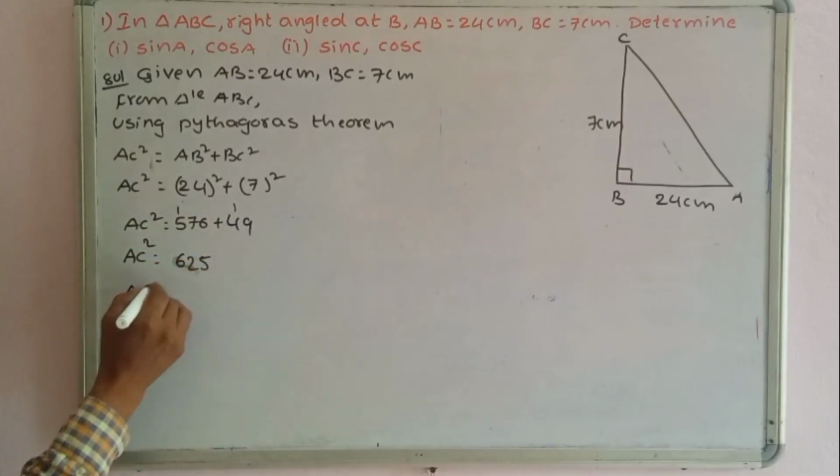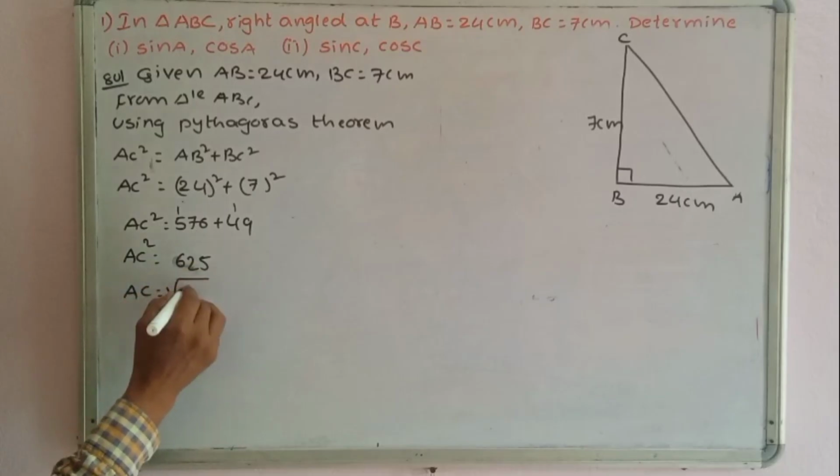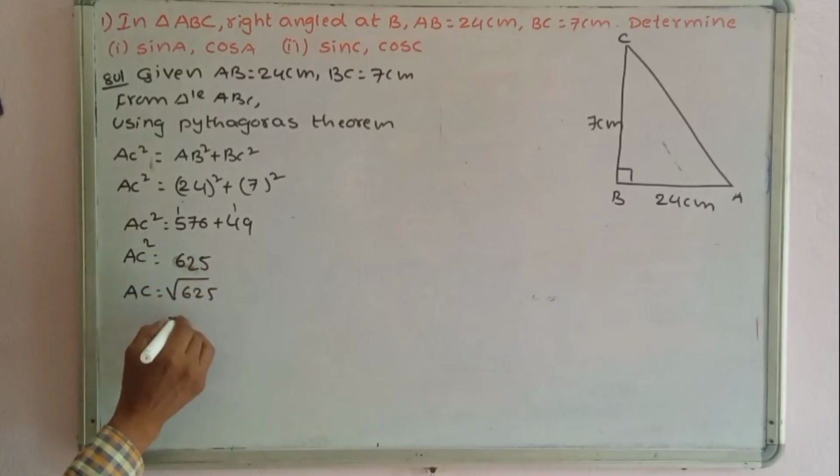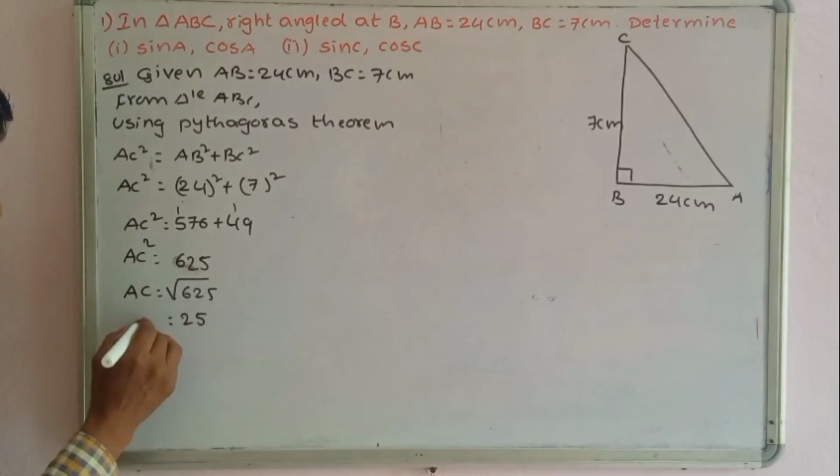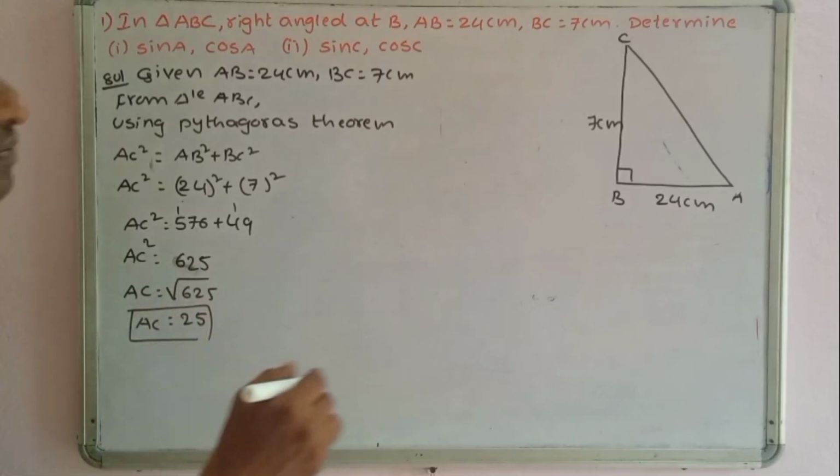So AC square equals 625. AC equals square root of 625, which is 25. So the value of AC is 25.